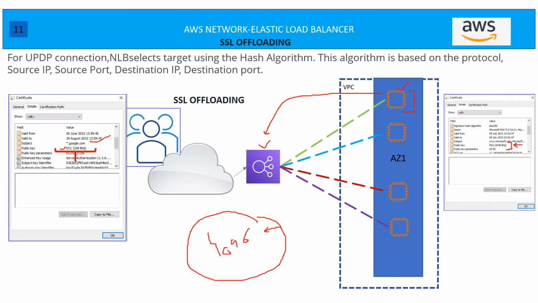No, it might take ages or hundreds of years to crack this kind of encryption. So the higher the bits, you need better machines here. So better you offload your SSL to the load balancer and let these EC2 instances just serve the content.